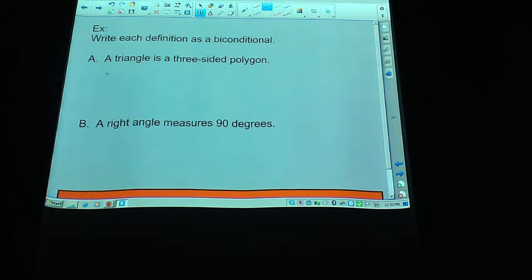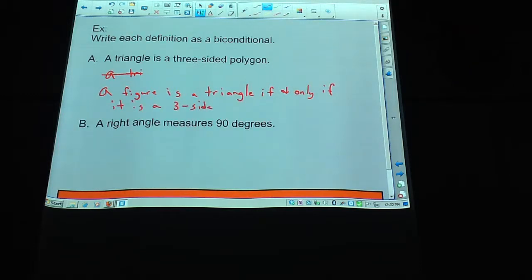So a triangle... we probably should start with: a figure is a triangle if and only if it is a three-sided polygon. So I just rewrote that definition as a biconditional, or an if and only if statement.